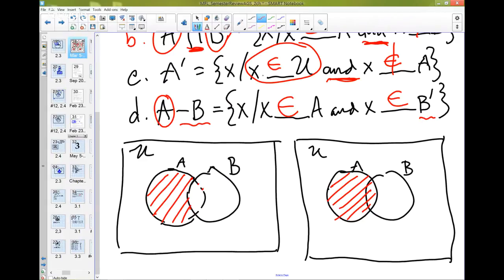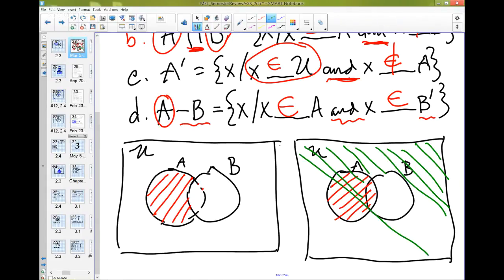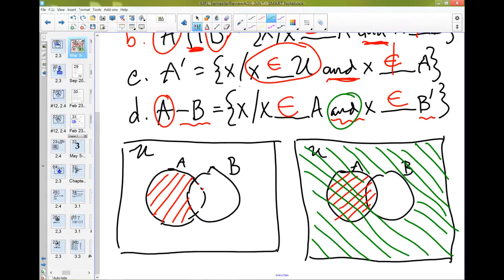Part two, where that overlaps or is intersected with everything outside of B. Everything outside of B. And that's overlap, right? That's intersection. So tell me, where are the green and red shadings together? Do you see they are the same answer that we have over here?